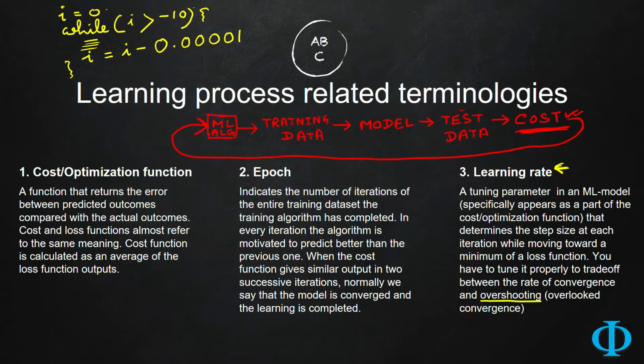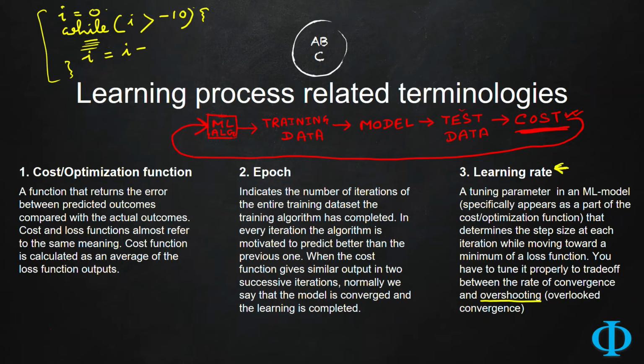For easy understanding, let us again look at the simple while loop here. Let's say instead of 0.00001, this time I am giving a bigger step size.